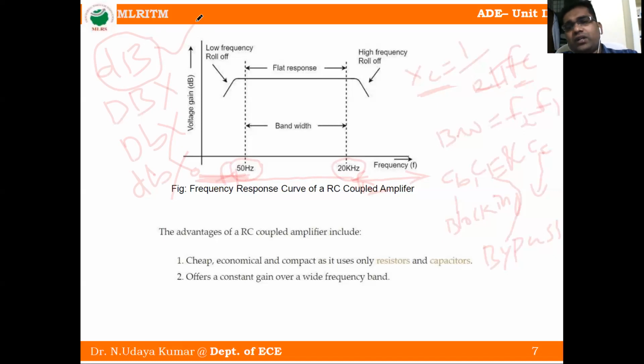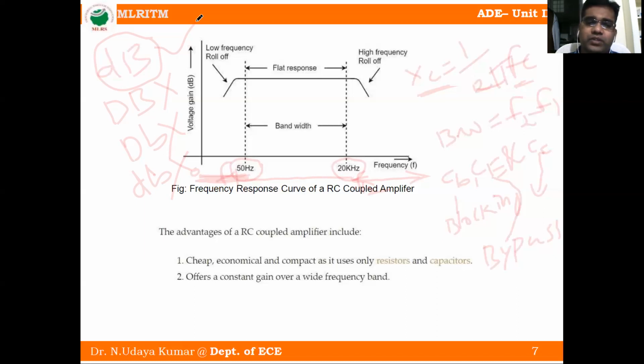So this is called an RC coupled amplifier. The advantages of RC coupled amplifier: the first one is that it is cheap, economical and compact. It uses only resistors and capacitors, so it is very cheap. For 5 rupees, we will get 5 resistors and 5 capacitors.